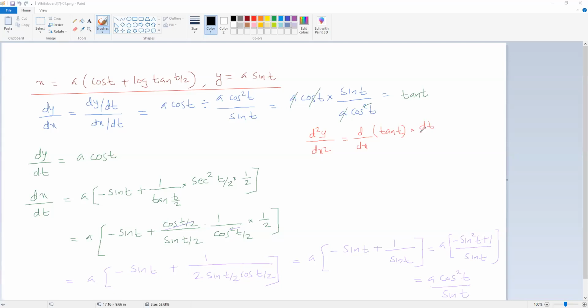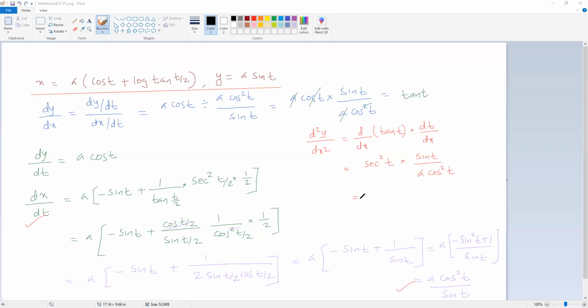The derivative of tan x is sec square x, so it is sec square t, and derivative of t with respect to x is dt by dx. We found dx by dt as cos square t by sin t, so this will be its reciprocal, sin t comes up, sin t divided by cos square t.